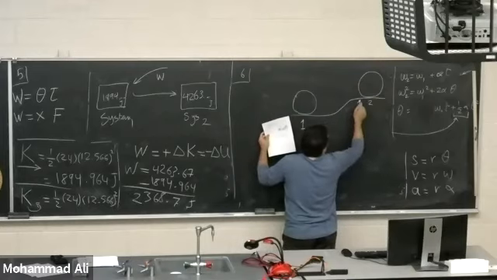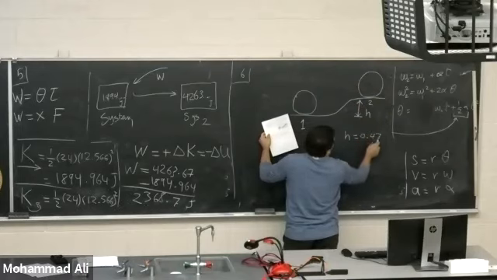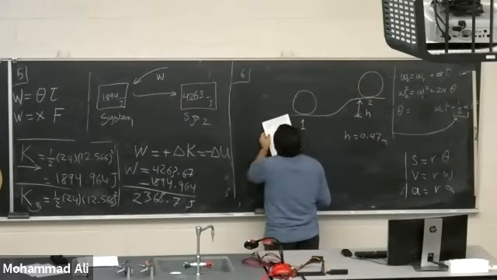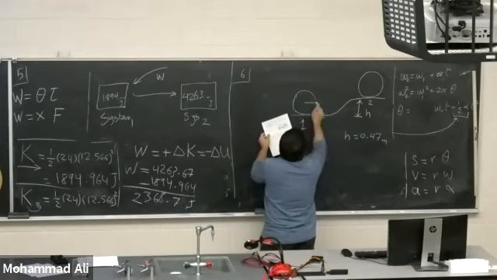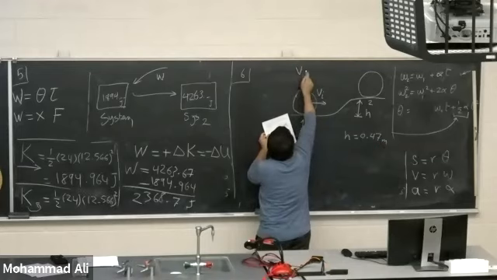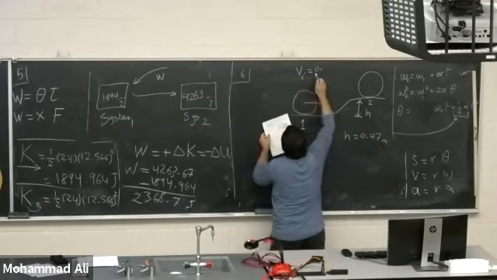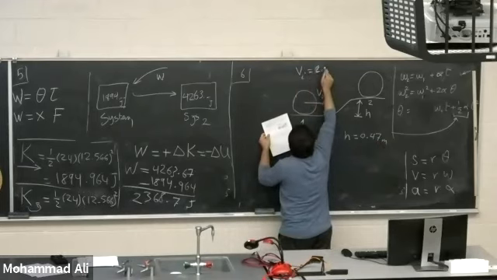There is a difference in altitude, which is h. H is equal to 0.47 meters. This ball is moving with initial velocity v initially equal to 2.62 meters per second.